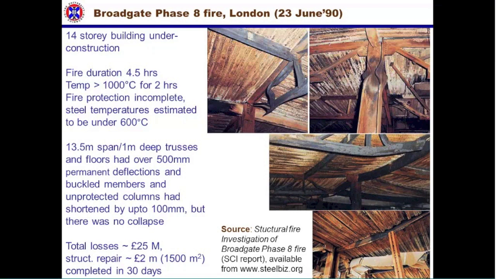There was a 4.5-hour fire with temperatures reaching over 1,000 degrees C, and there were pictures of damage. You can download a report about this at the given URL. The total losses from the fire damage were about 25 million, but the structural repair cost was only about 2 million, and this was completed in 30 days.